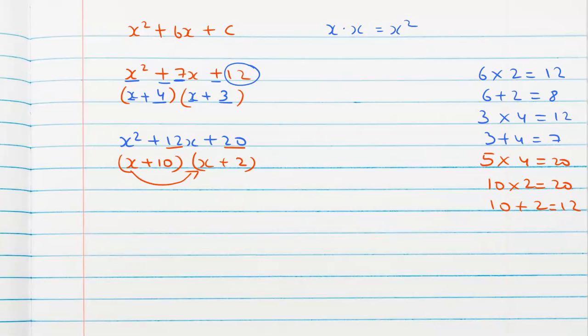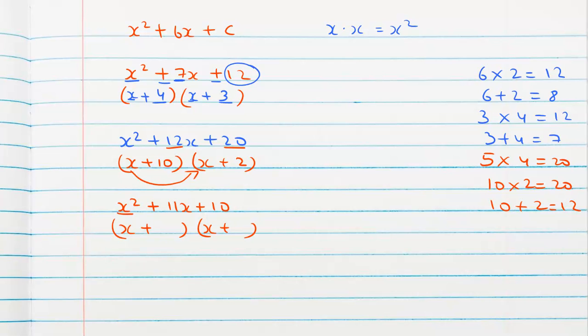Okay, let's take a look at one more example. After that we will look at different signs, negative signs. So we have x squared plus 11x plus 10. Again, we know the answer is in the form of this. Everything is positive, x and x becomes x squared.